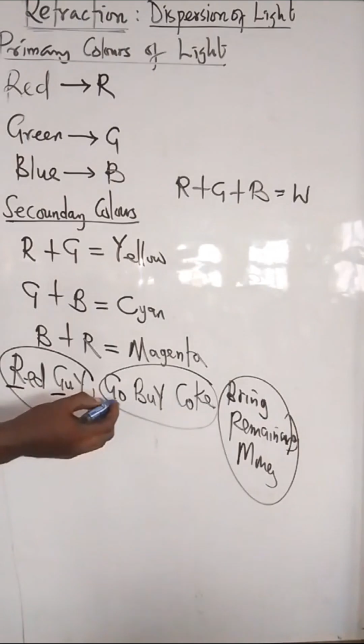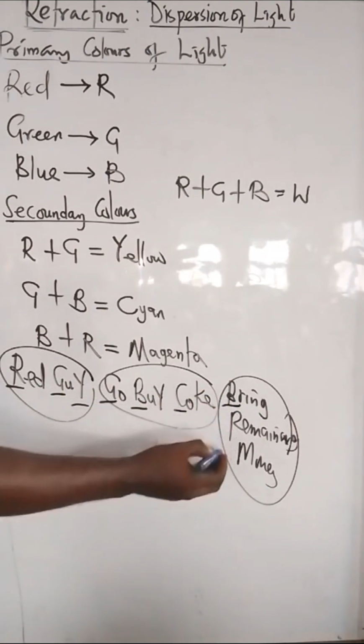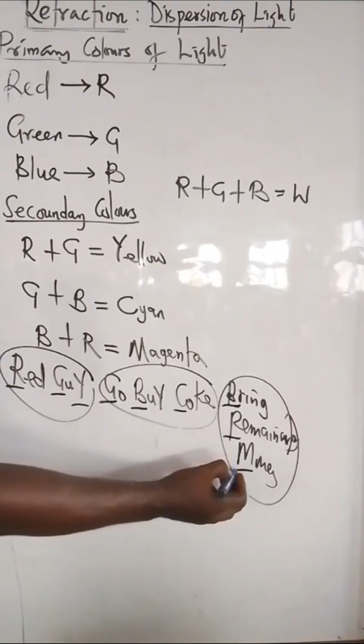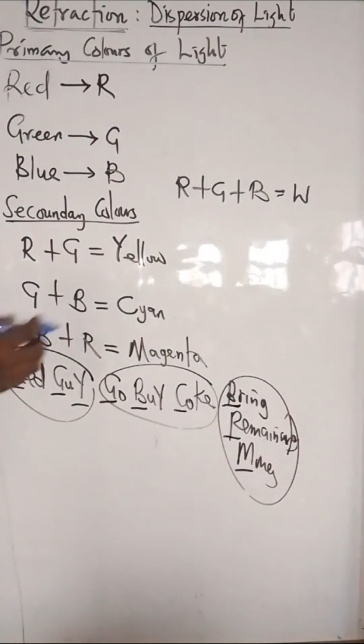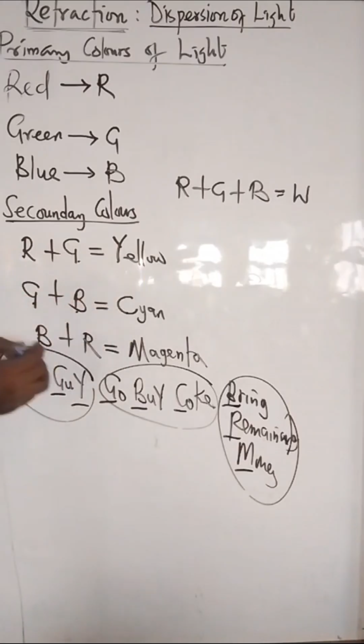Go buy Coke: green plus blue gives what? Cyan. Bring remaining money: blue, red gives what? Magenta. Red guy, go buy Coke, bring remaining money. Don't worry about the grammar. Neglect the grammatical error. The most important thing is for you to remember this.